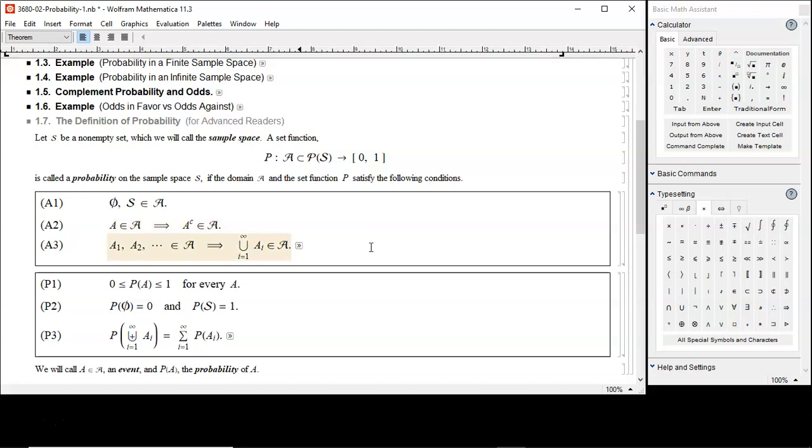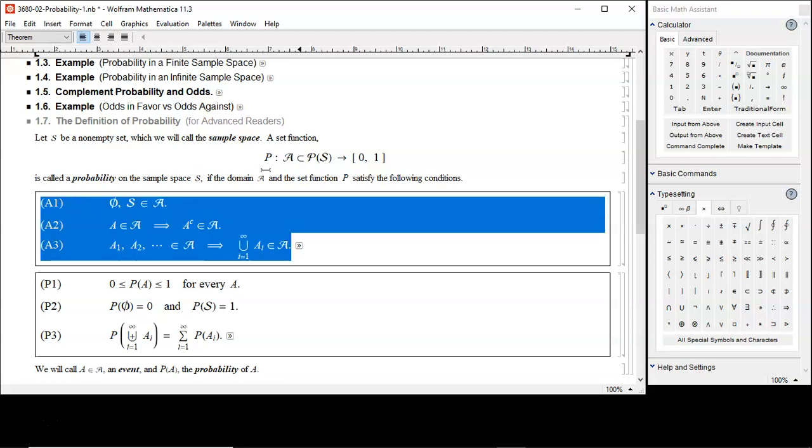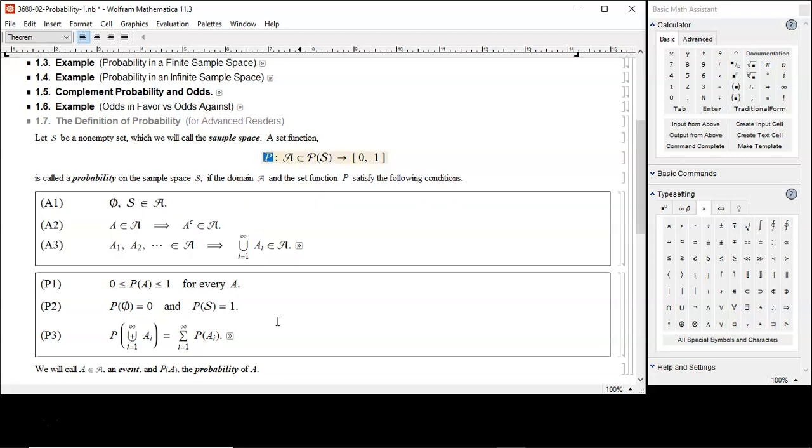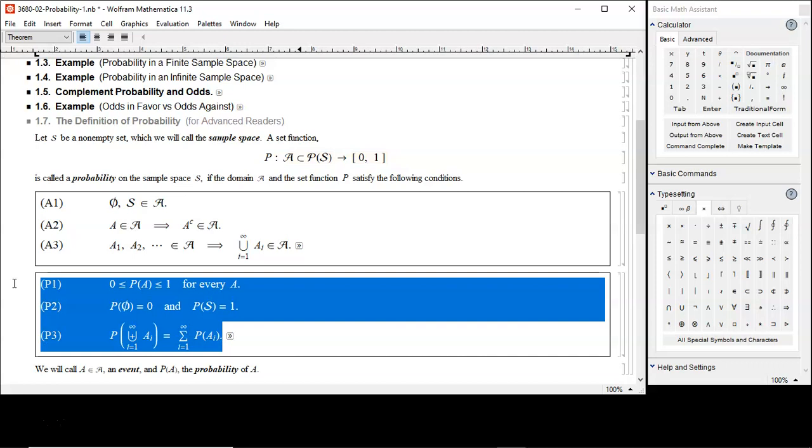Finally, if you have a sequence of events, A1, A2, A3, A4, A5, and so on, all in the domain script A, then its union is also in this domain script A. So we have to have additional axioms for the domain of this set function, these three. And then of course, the set function itself must satisfy these axioms.